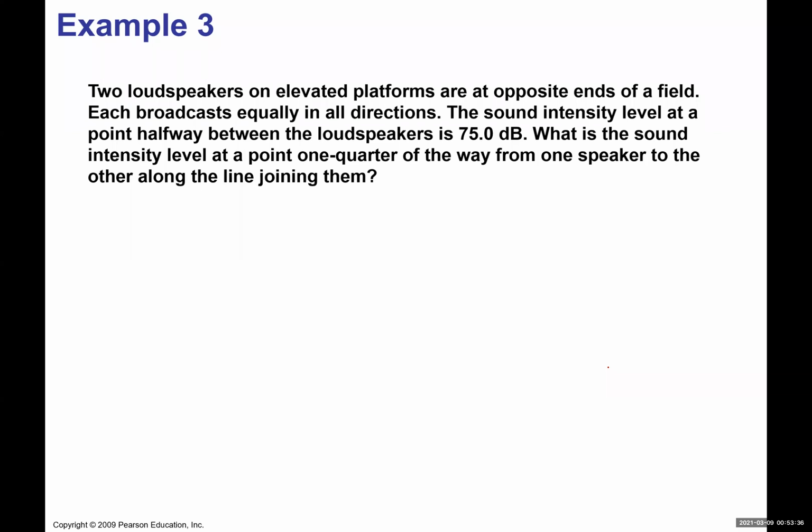So you have two sound sources, and we're given that halfway between them is 75 dB, but we want to find what the intensity level will be 1/4 of the way from one of them.